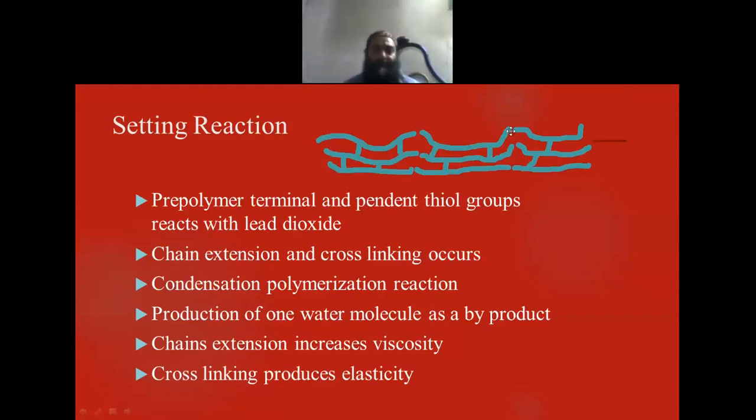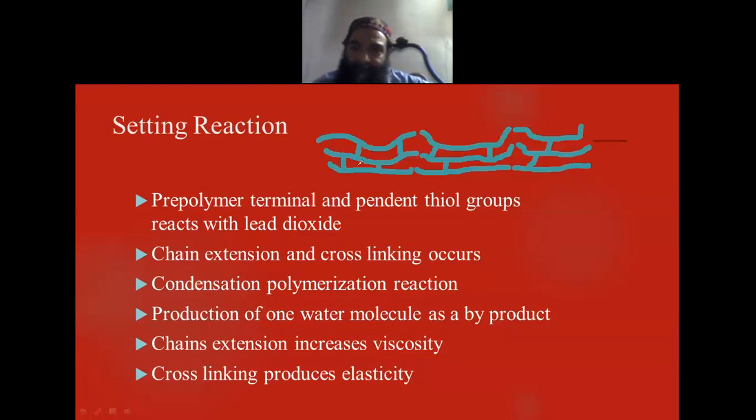For the sake of your knowledge, kindly keep in mind that in a condensation polymerization reaction, one molecule of water or alcohol is produced as a byproduct. Now the chain extension increases viscosity.